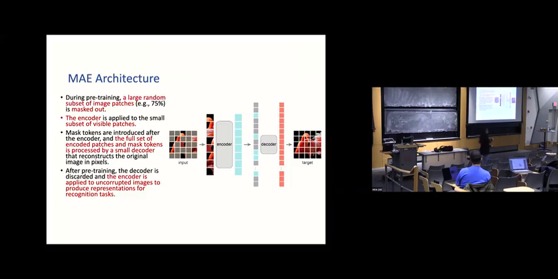And again, you have a decoder, which again is a lot of self-attention layers. And you supervise by predicting the pixels of the image. That's it. It's called masked autoencoders. It is an autoencoder in the sense that you want to generate the same image, but there is a masking. So it's not image input, image output. It's masked image as input, unmasked image as output. Okay? All right. Now, this is doing better now.